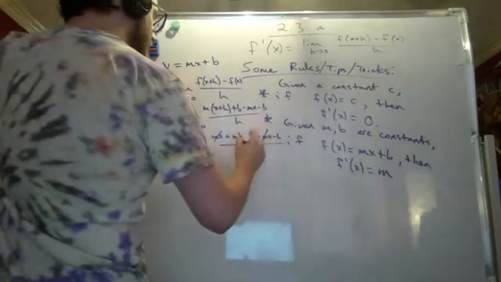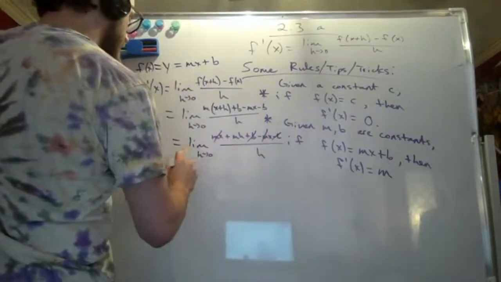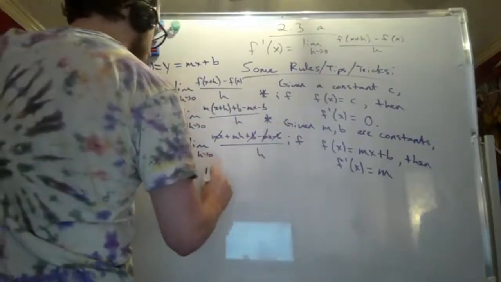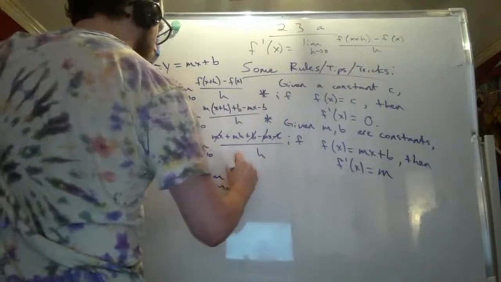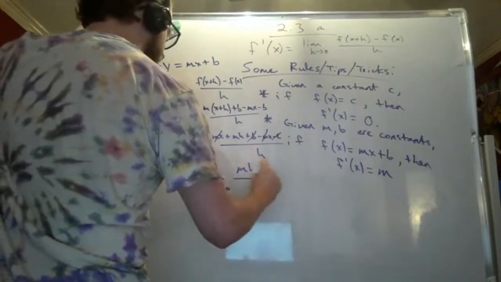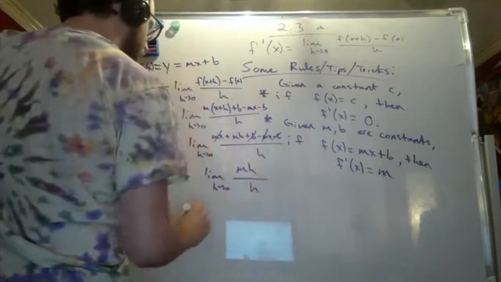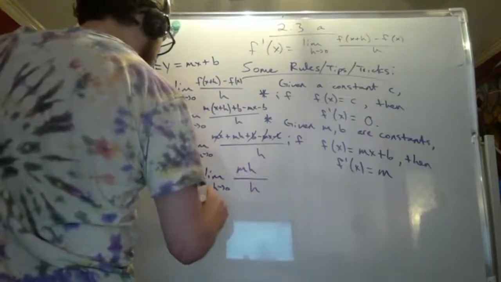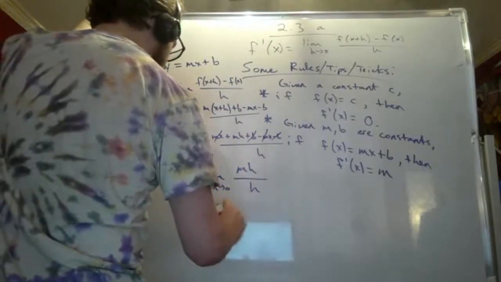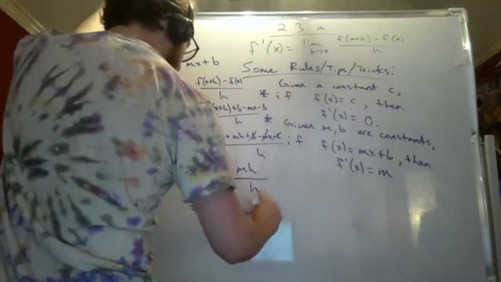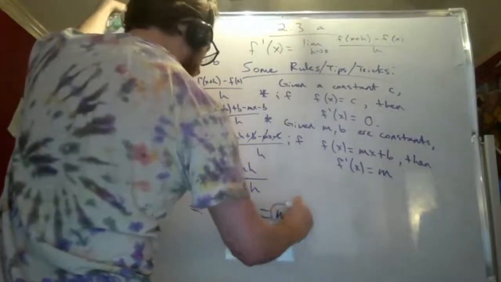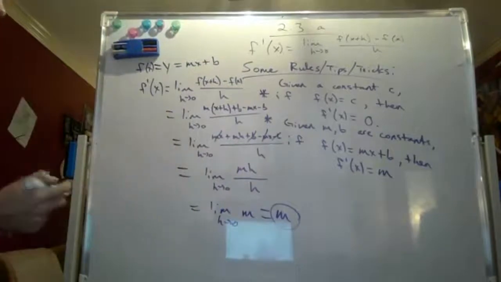We've got a positive b and a negative b, so they cancel. And all we have left is the limit as h goes to 0 of mh divided by h. Well, the h's divide out, and we have the limit as h goes to 0 of m, which is just m. And there you have it.